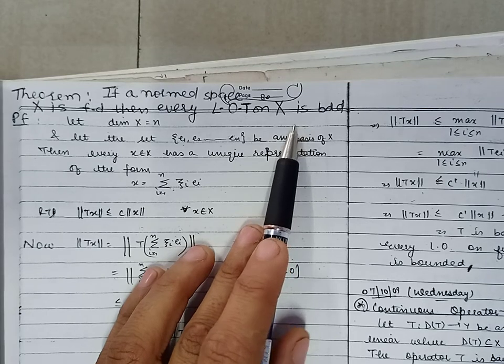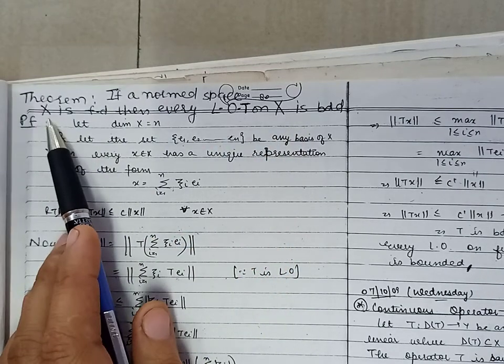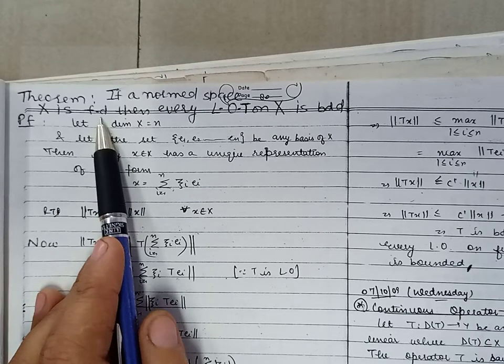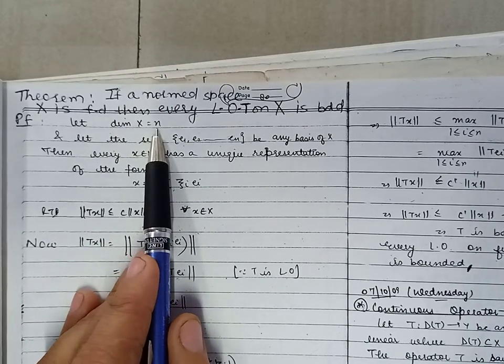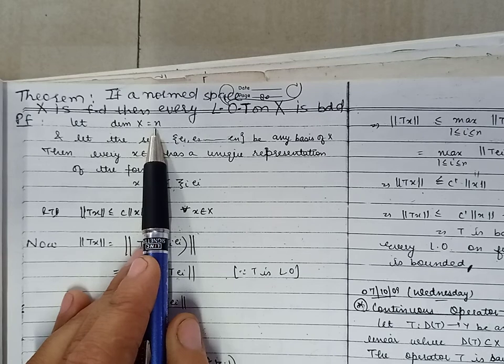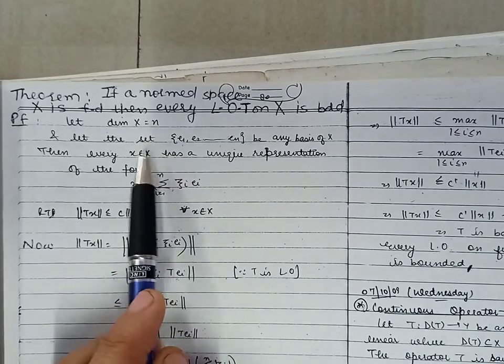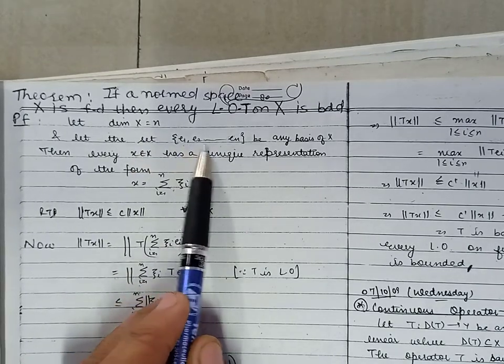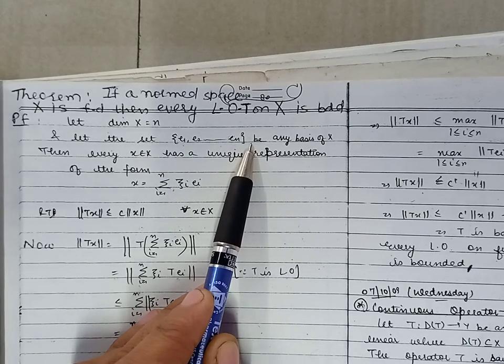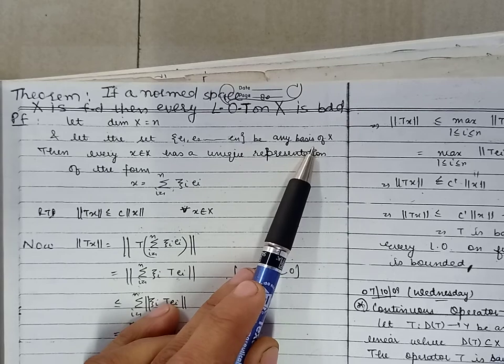So let us take the normed space X to be finite dimensional, with its dimension denoted by n. Because its dimension is n, its basis will consist of n vectors. Let the set e1, e2, e3 up to en be the basis for the normed space X.